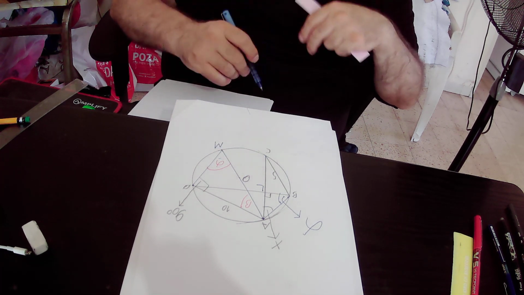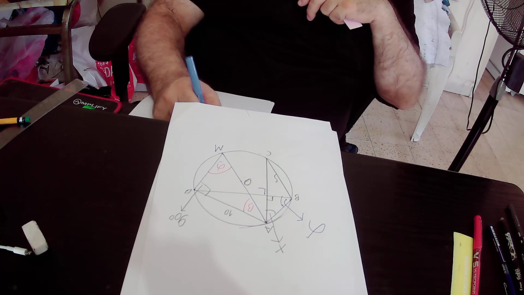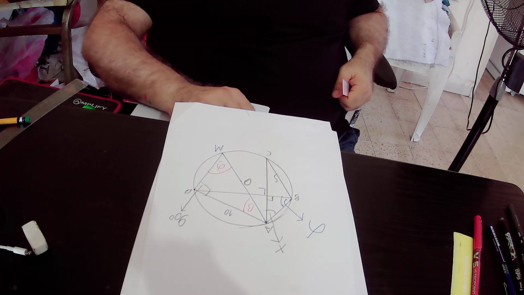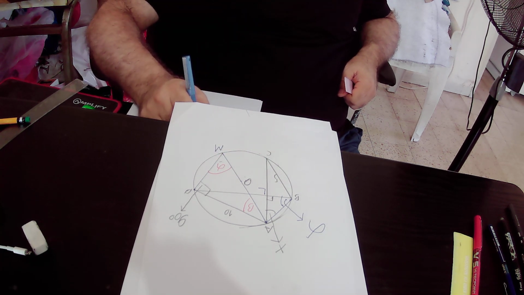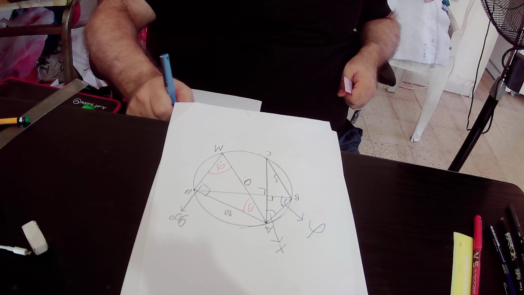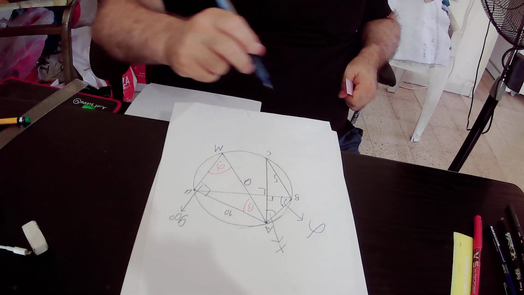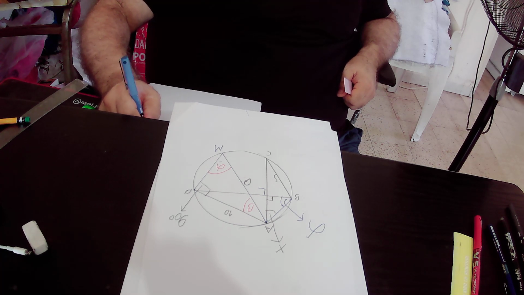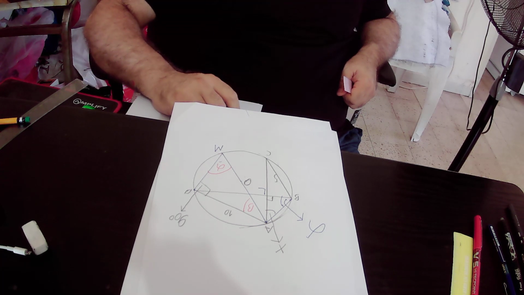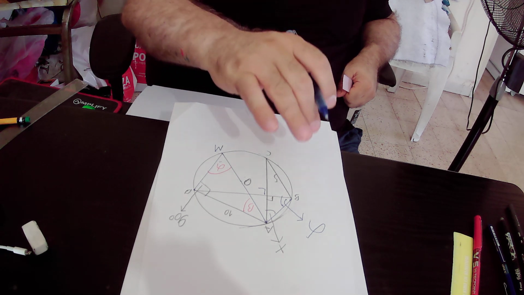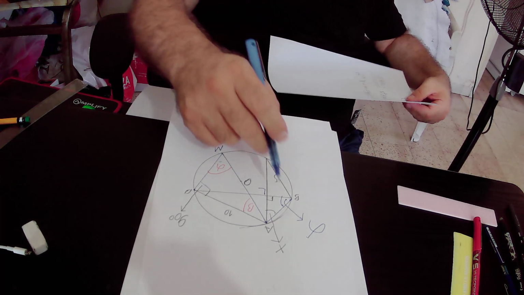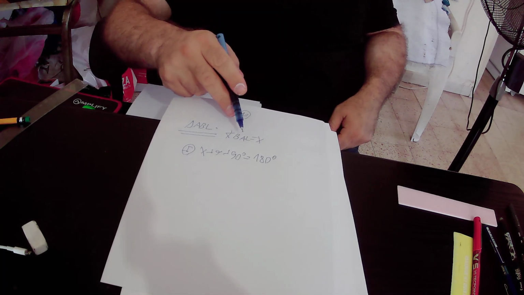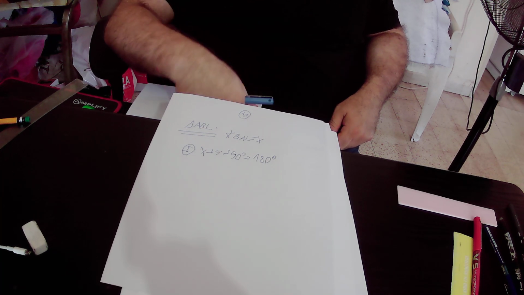That is to say, the sum of the angles of the right triangle ABL, x plus alpha plus 90 degrees, equals 180 degrees. That is our first equation.